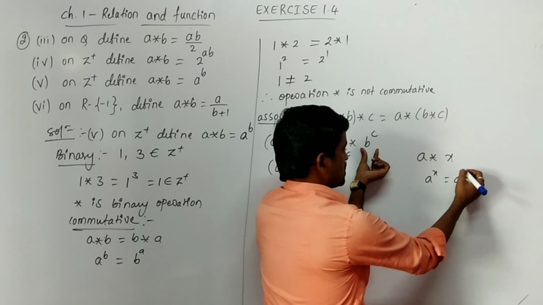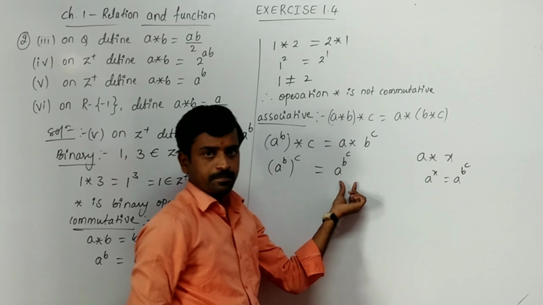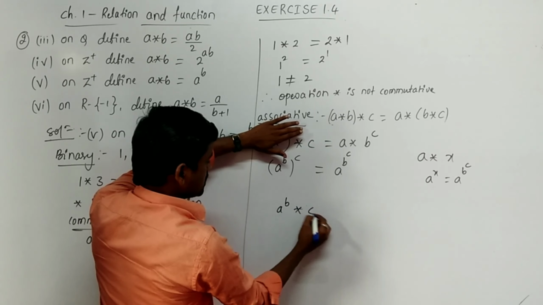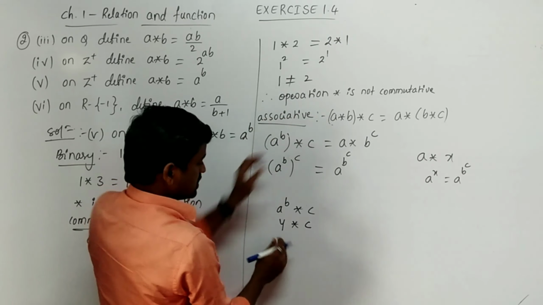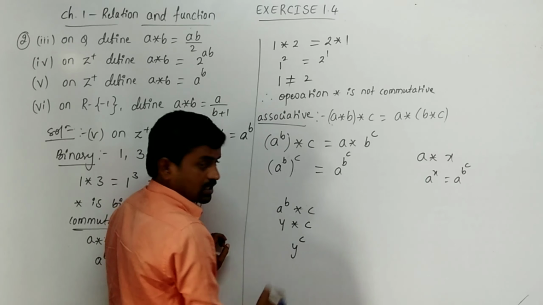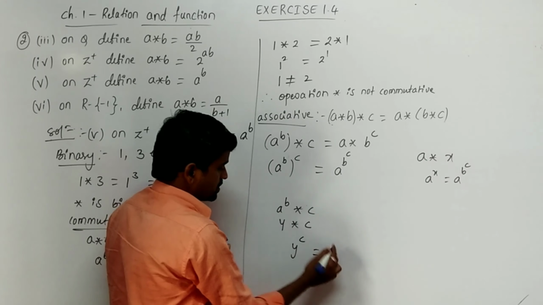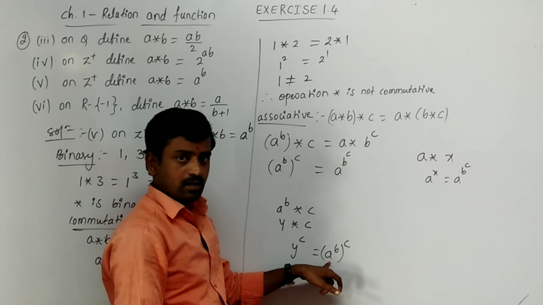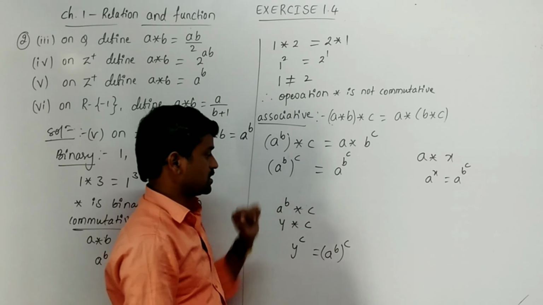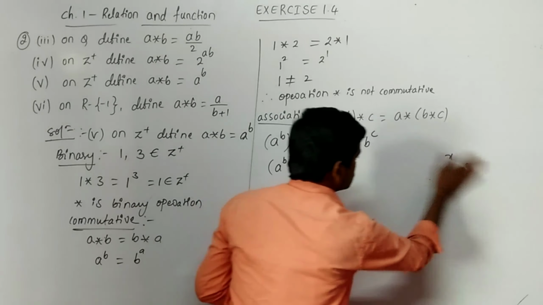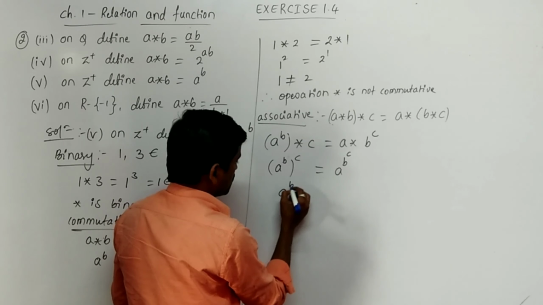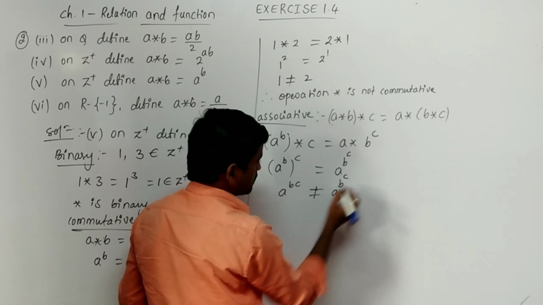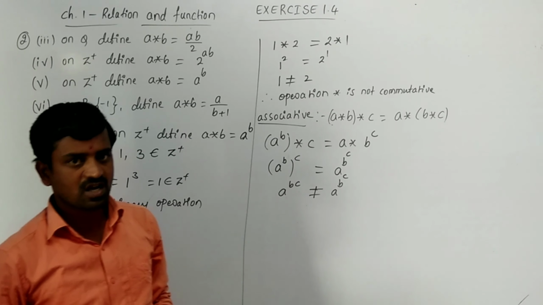A to the power of X is A to the power of B to the power of C. Then take A to the power of B as Y. Y star C is Y to the power of C. Substituting Y, A to the power of B whole to the power of C is A to the power of B into C. A to the power of BC is not equal to A to the power of B to the power of C. Therefore, the operation star is not associative.